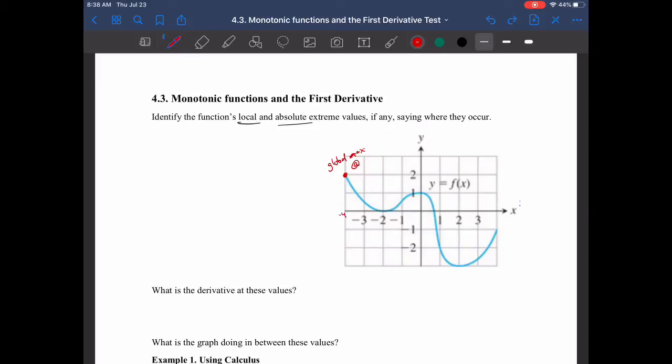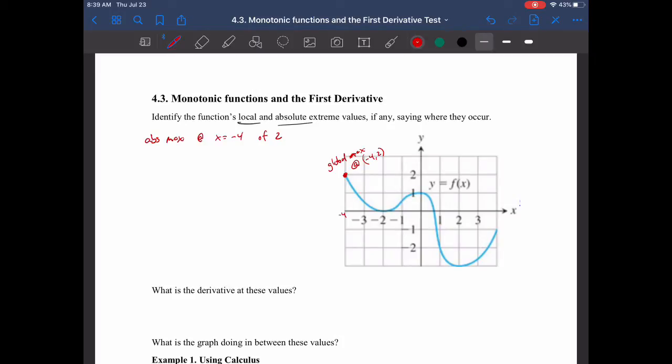So this is at -4, 2. So the maximum value is 2, and it occurs at x equals -4. So absolute max at x equals -4, and it has a value of 2. All right, so we have an absolute maximum of 2 that is occurring at x equals -4.